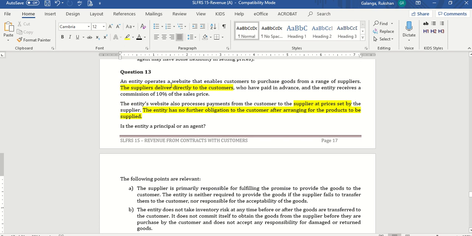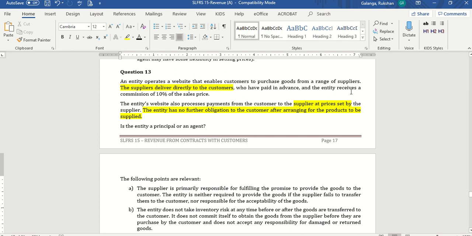Here what happens is the entity operates the website. The person who operates the website is not getting the inventory risk, right? Remember, the entity in the sense, the entity is the party who operates the website, right? Sorry if it gets complicated. The entity operates the website that enables the customer to purchase from the supplier.